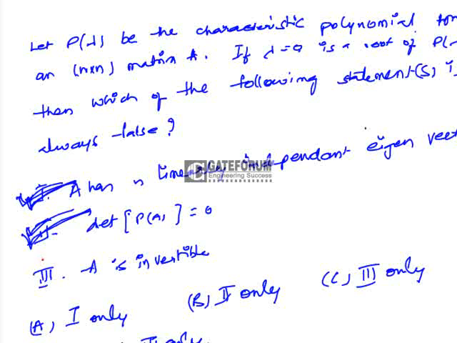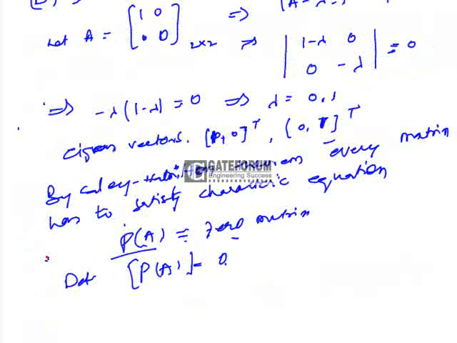So let us go to the third statement: A is invertible. In matrices we have a property that the sum of the eigenvalues must be equal to the trace of A, and the product of the eigenvalues should be equal to the determinant of the matrix.